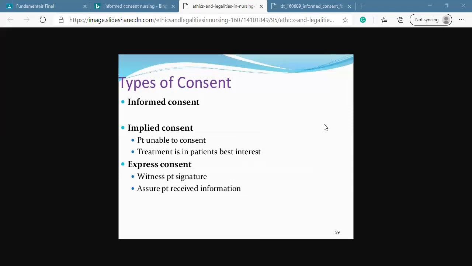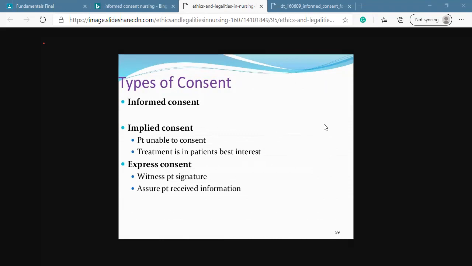When we explain the procedure, risks, or outcome, we also have to explain the alternative treatment options, right? It is the patient's choice, what they like, but the healthcare provider or doctor has to explain and take the signature on the informed consent.